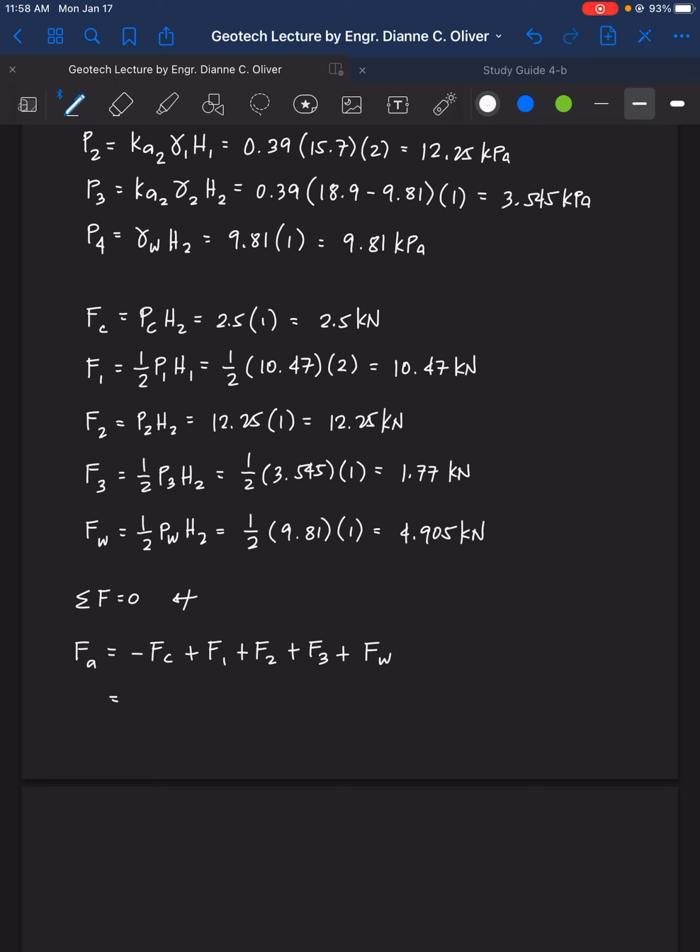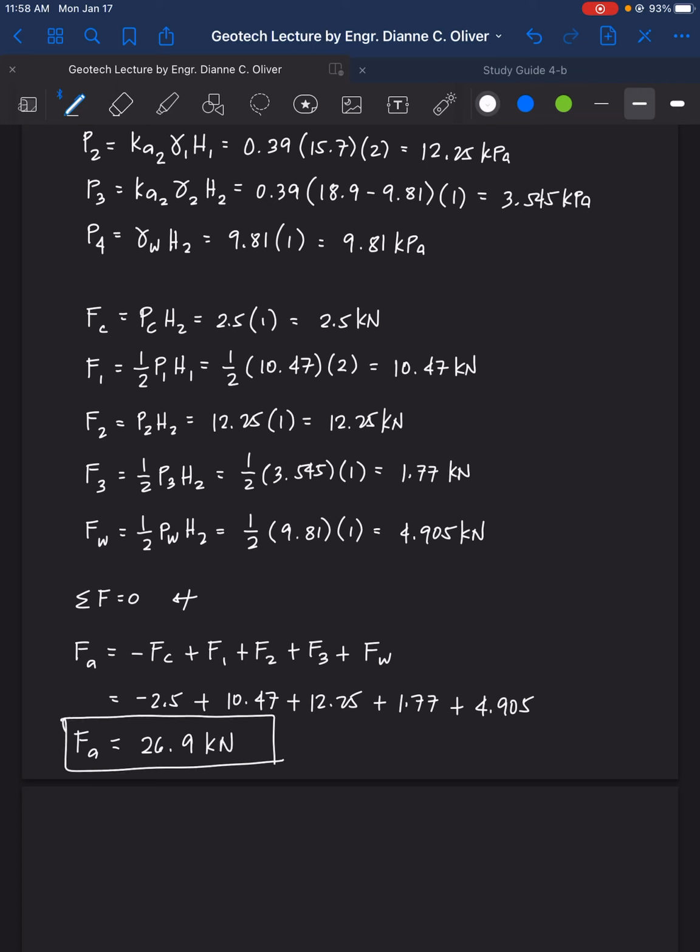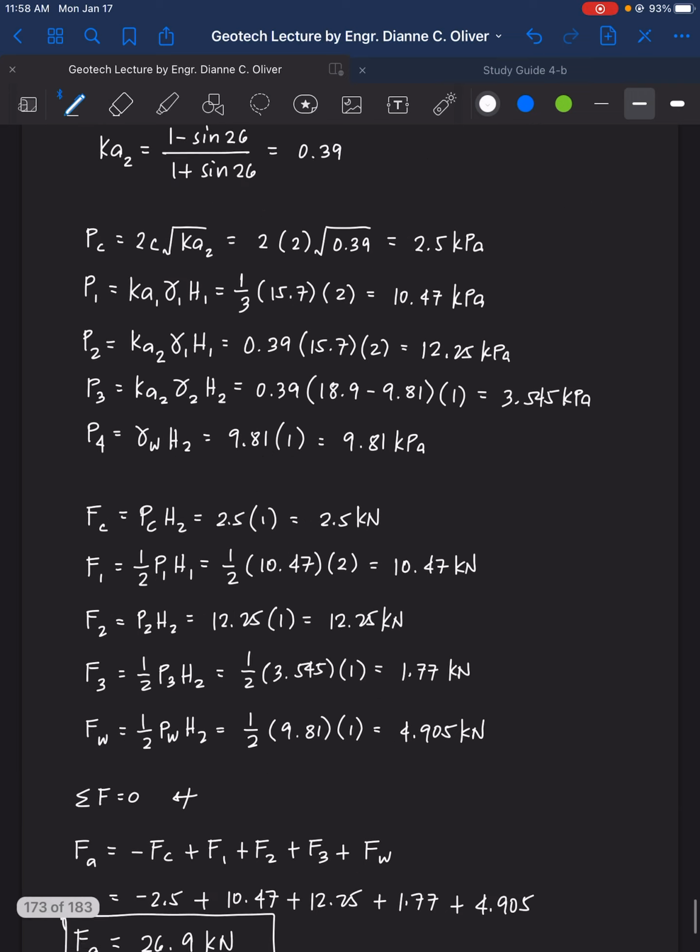That is equal to negative 2.5, positive 10.47, plus 12.25, plus 1.77, plus 4.905. So FA is now equal to 26.9 kilonewton. So that's for the total active force.